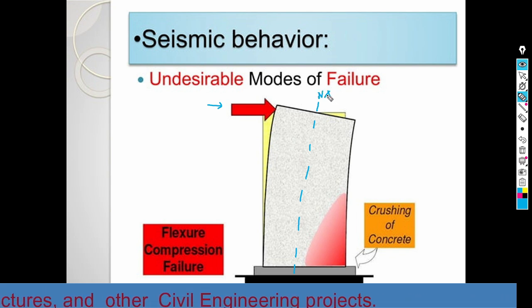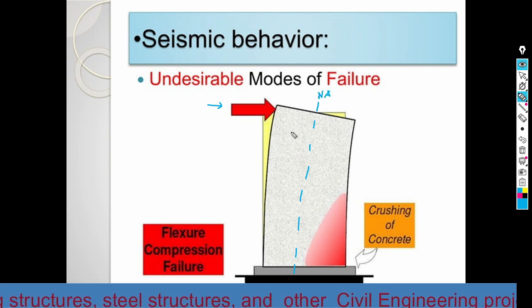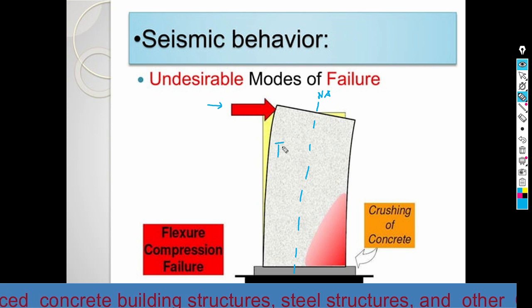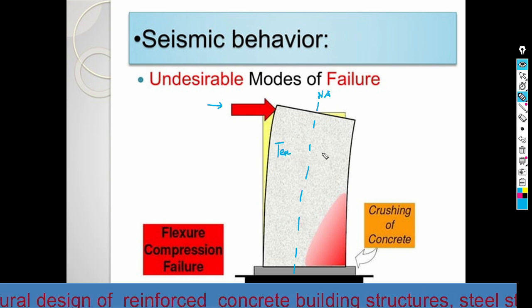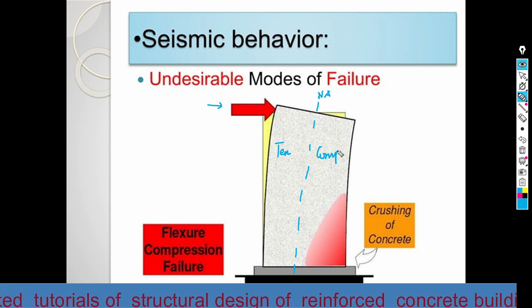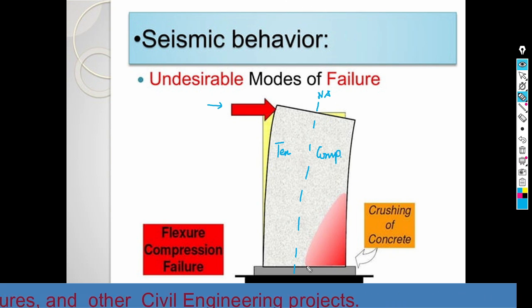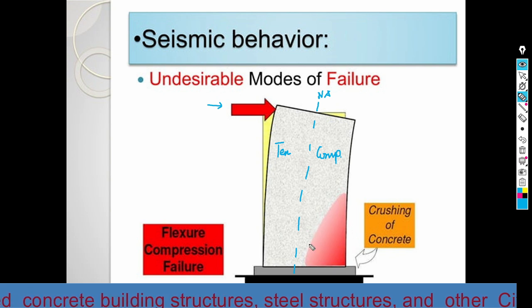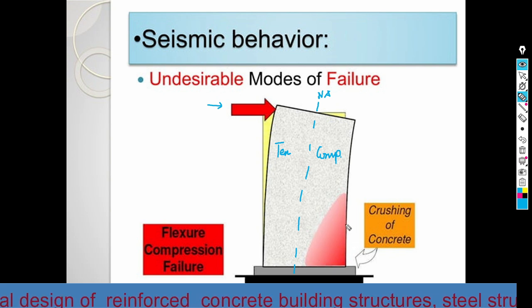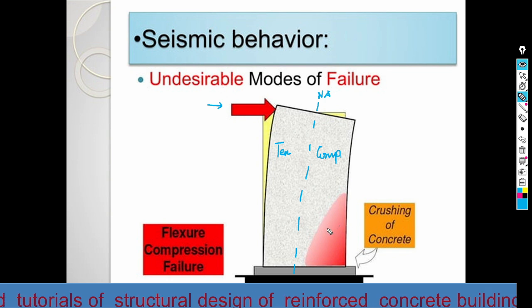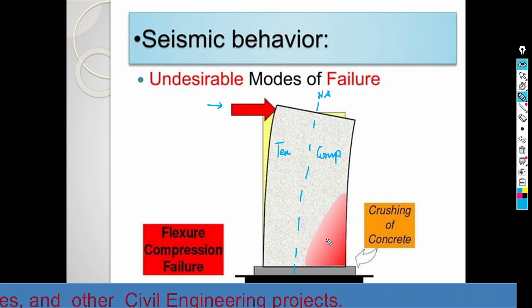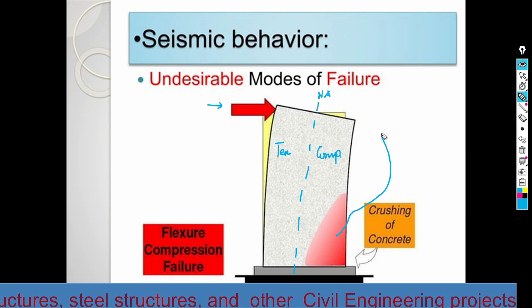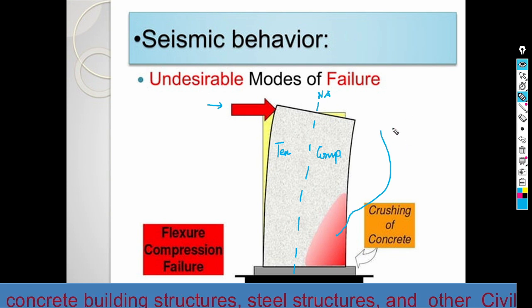This portion is in tension, and this portion is in compression. So here there is the crushing failure and the flexure compression failure at this side. This is what you call compression failure.